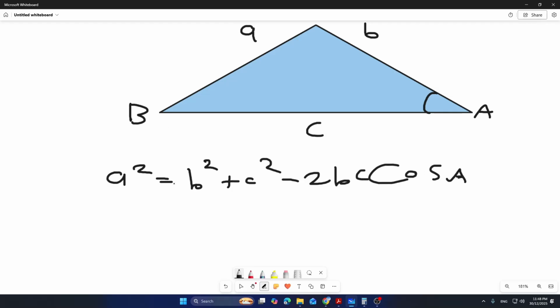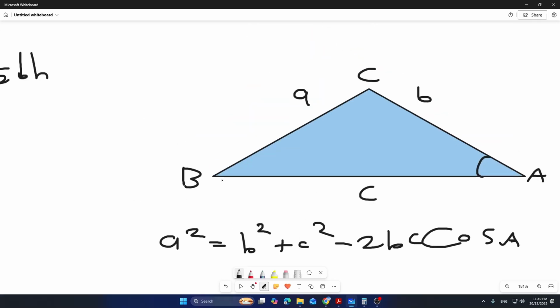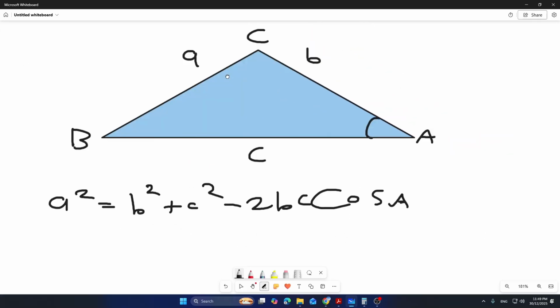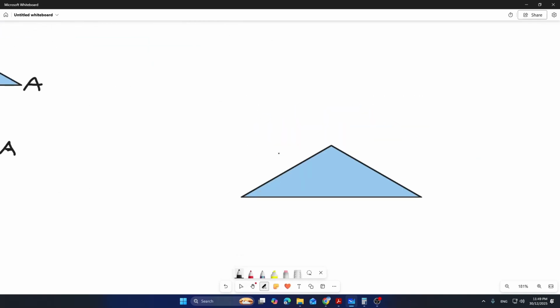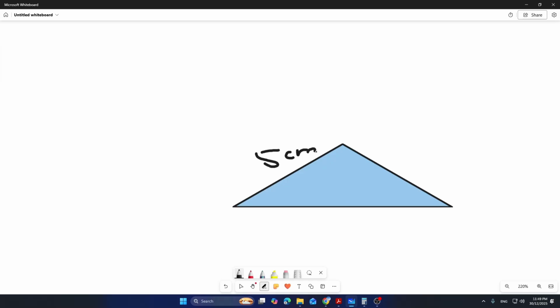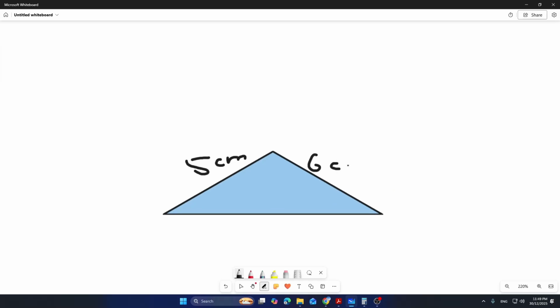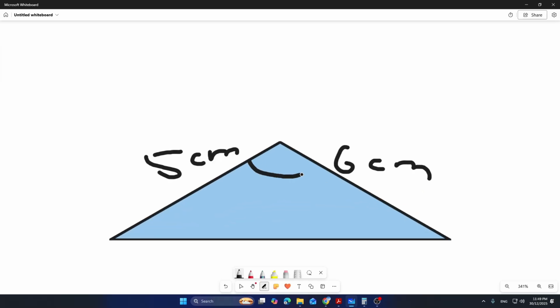Now, for example, I have a triangle, and I have this side which is 5 centimeters, and this side which is 6 centimeters, and the angle in between them, which is, let's say, 107 degrees.